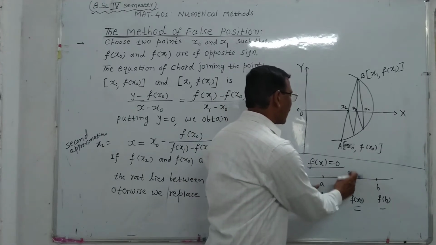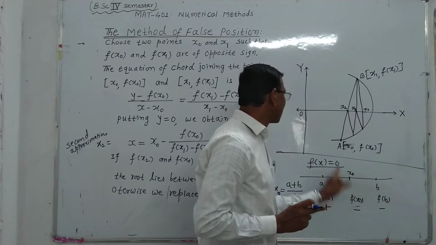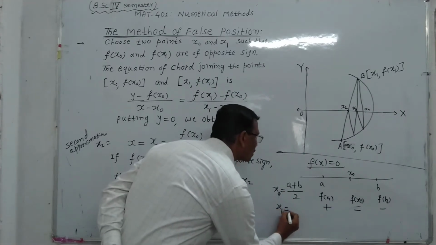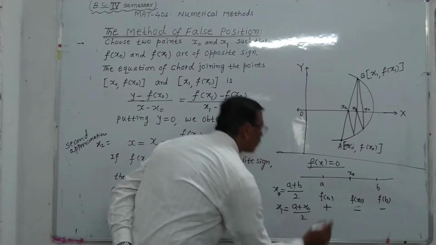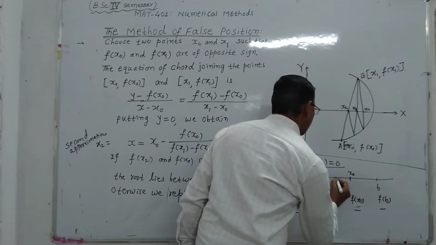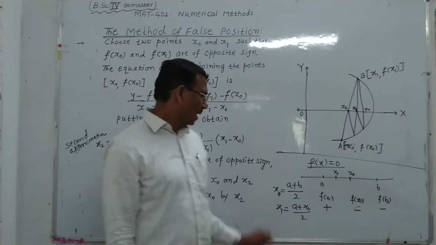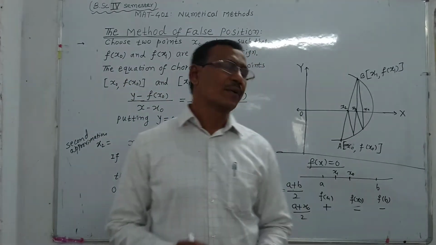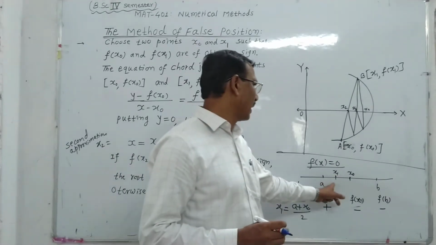We shall bisect this interval again, taking x1 equals a plus x0 upon 2 at the center. If f of x1 equals 0, the equation f of x equals 0 has a solution at x1.